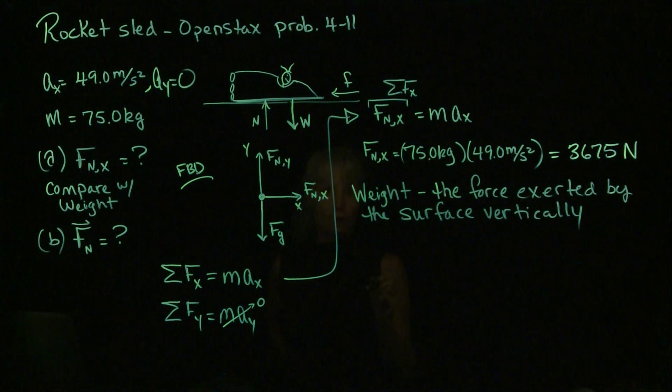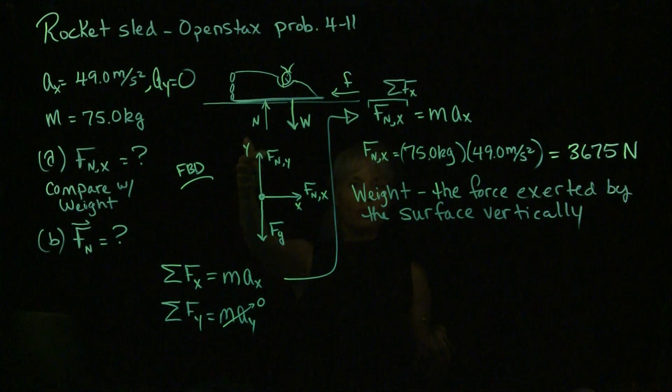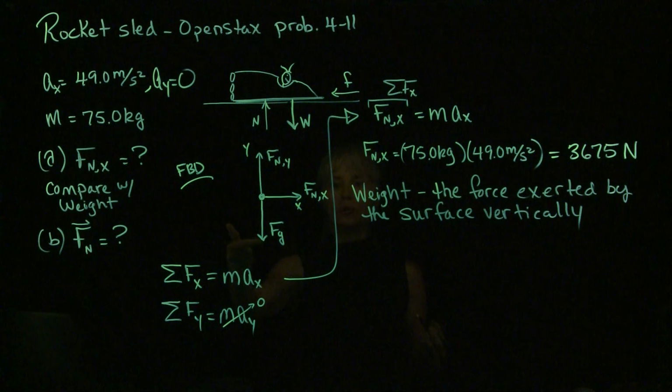Anytime you're in free fall, when only Earth's gravity is acting, you're in a weightless state. And I know you guys have heard that somewhere in mainstream lingo before, but that's what it means to be weightless. Most of the time our objects are going to be resting on surfaces, and the normal force being exerted on them vertically will be equal to the force of gravity unless you have an acceleration along the vertical axis. That will be the case in which weight and the force of gravity will not be the same.